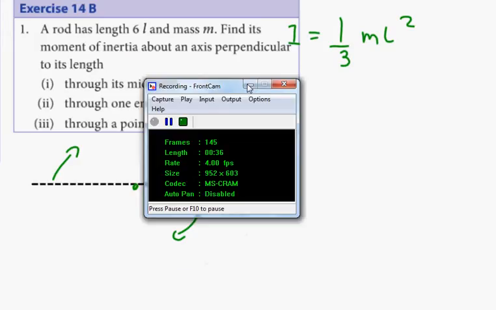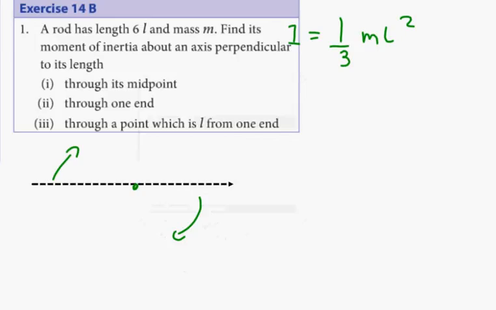So guys, go to page 53 of the tables and you find that when it's from its midpoint, that's grand. However, this formula is set up for mass M and length 2L. We have a length of 6L.